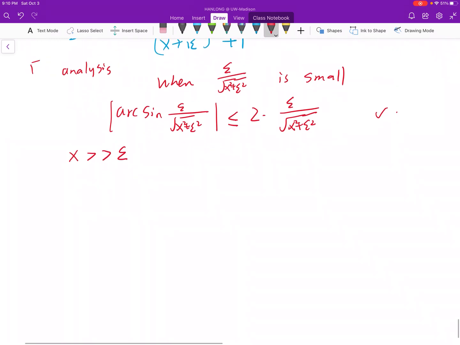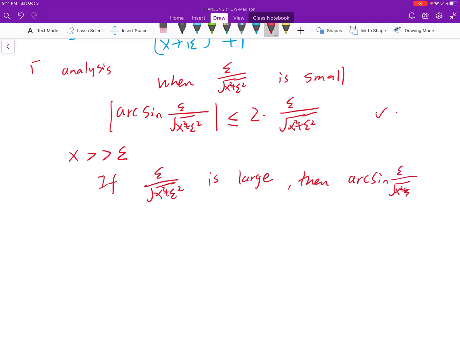On the other hand, the other direction, if the argument is large, but relatively large, of course it's bounded by 1, then we have a little bit worse estimate. This is bounded by, for example, pi, or pi over 2. It doesn't matter.